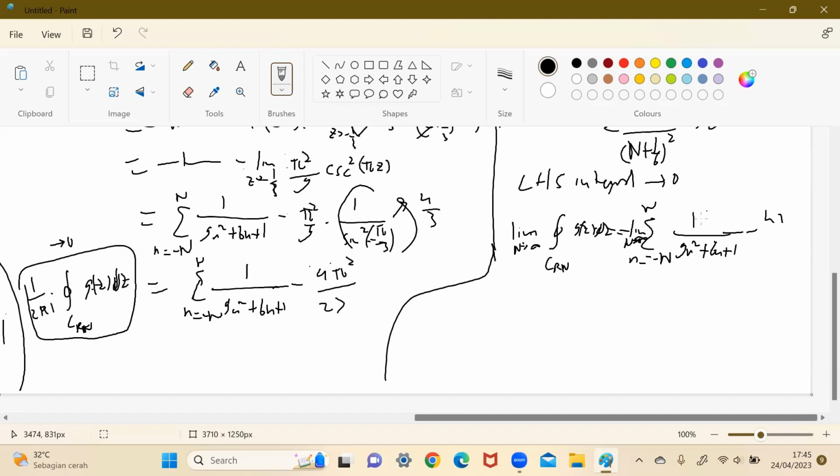It's a bit messy, I know. If you take the limit of both sides as n goes to infinity, we arrive at the conclusion that 0 equals this.